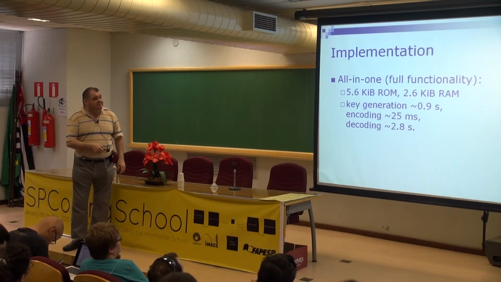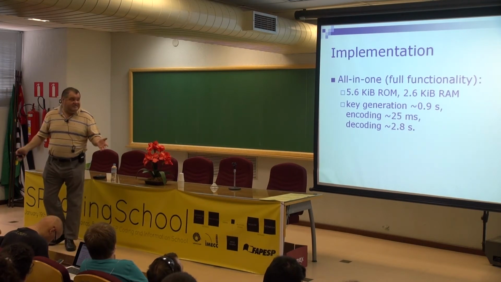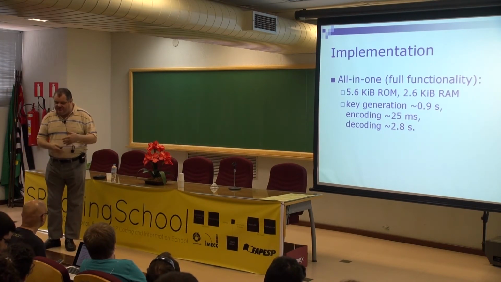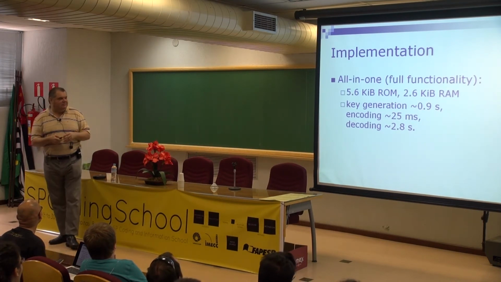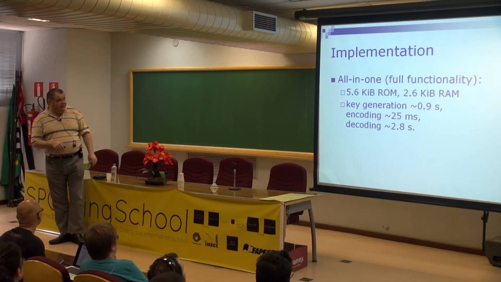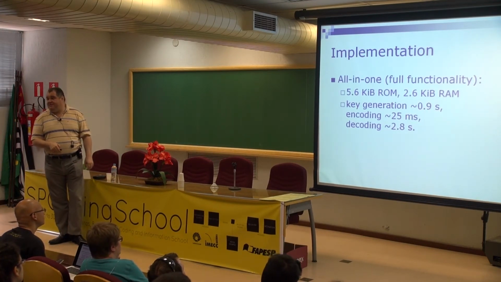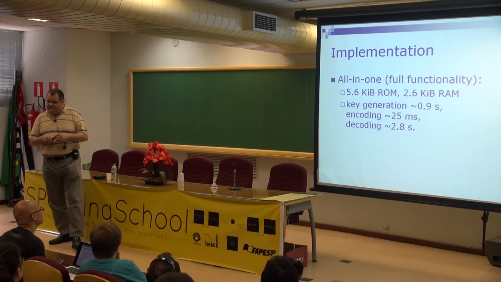Out of 8 kilobytes, we use 2.6 kilobytes for our variables. We have essentially to store syndrome and parity check matrix or so. Key generator takes less than 1 second, encoding 25 milliseconds. It's very, very fast. Decoding less than 3 seconds.